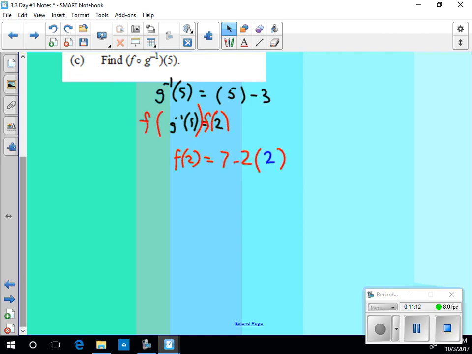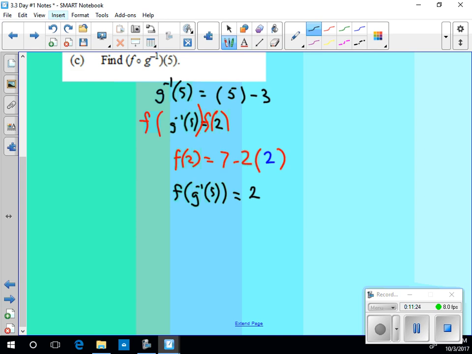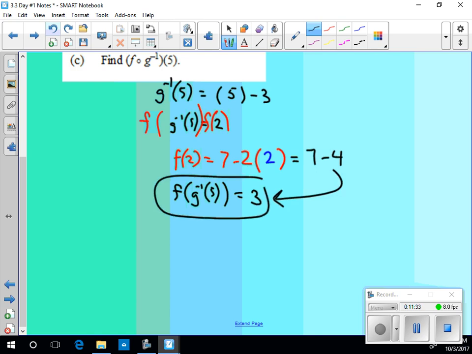So f of g inverse of 5 equals, nope, not 2, 3. 7 minus 4 is 3. All right, I think at this point we're all pretty comfortable with lines. Let's get to something funky.